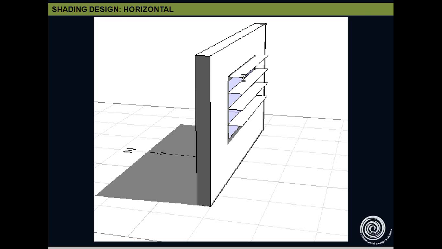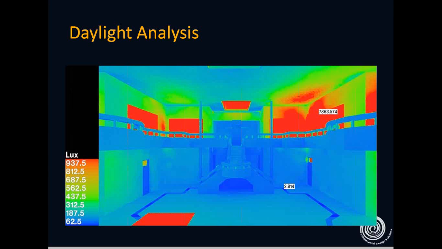Now the next slide shows the daylight analysis. This is the interior and this is the rendering from the Radiance tool, which quantifies the lux level achieved in the space. The next slide shows a comparison between 3 types of window configuration.